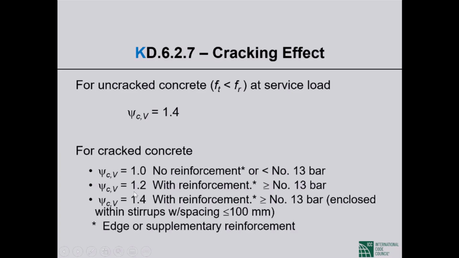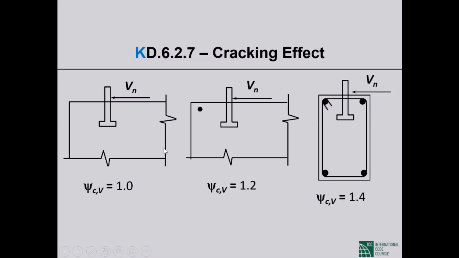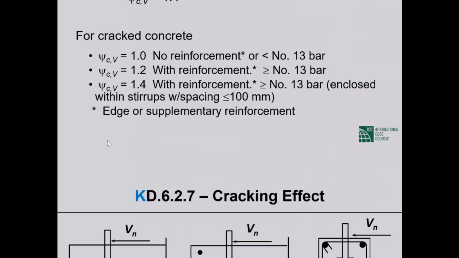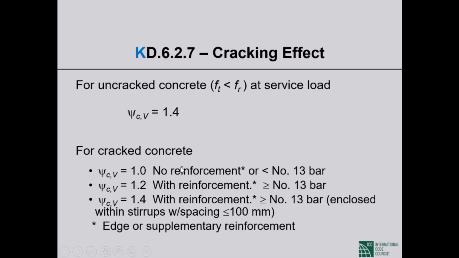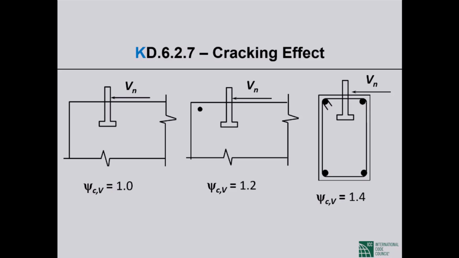Okay, so an illustration of what we were talking about. Shear, cracked concrete. The first case is no supplementary reinforcement, or supplementary reinforcement consisting of bars thinner than number 13 in size. So the correction factor is 1.0, cracked concrete.